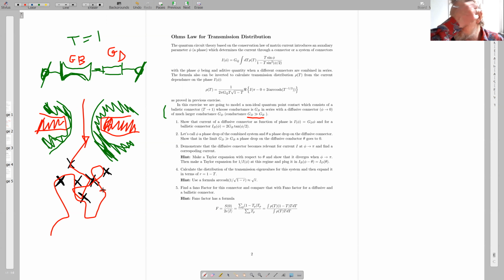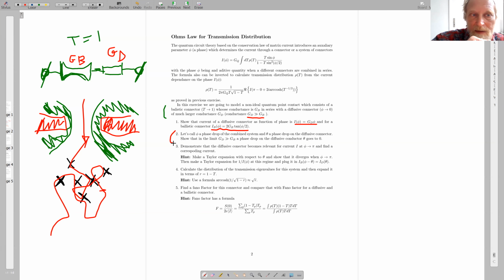All right, one could evaluate it with these formulas, or one could just take it from the lecture. What we need are the I-phi characteristics for each connector, for the diffusive one and for the ballistic one. Then one would introduce the notations.